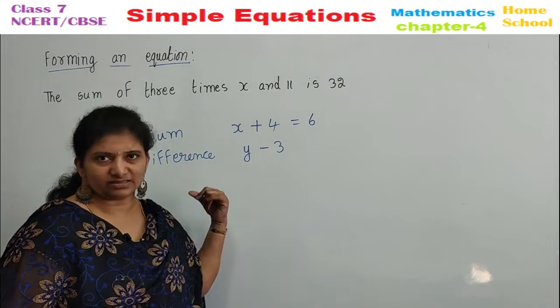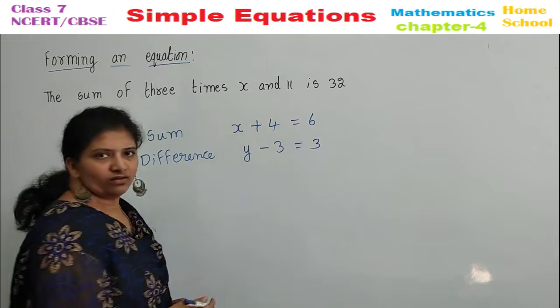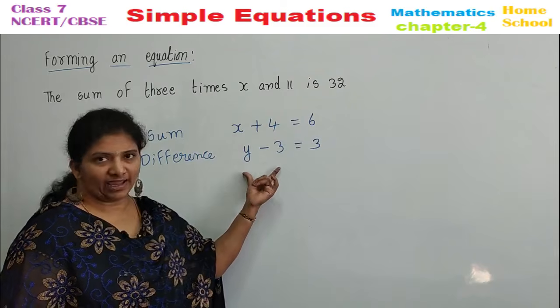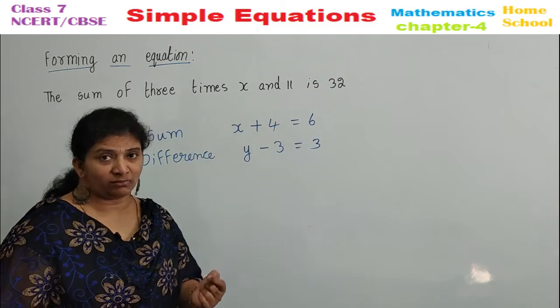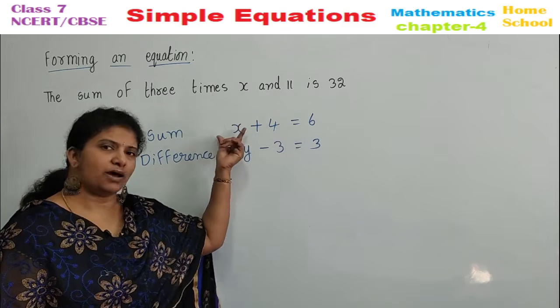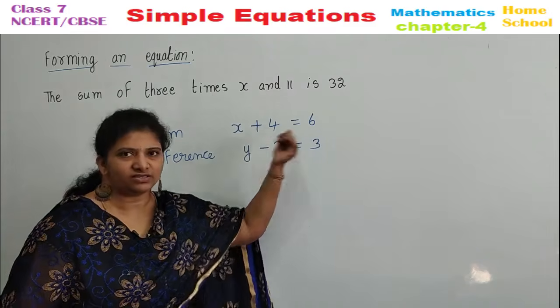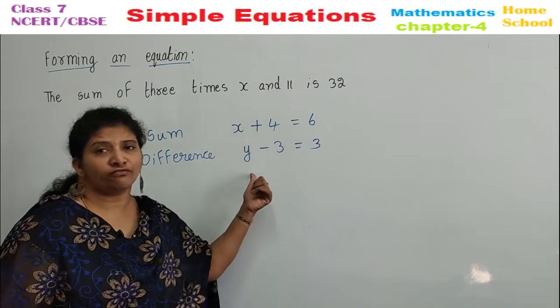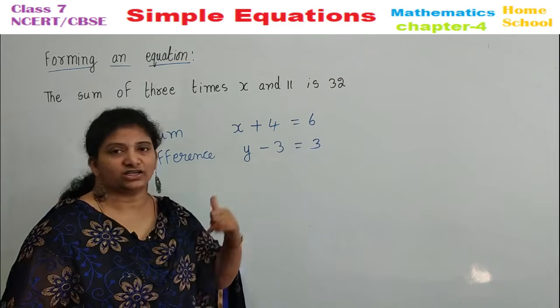Y minus 3 is equal to 3. Difference of y and 3 is 3. Understand how we are framing? Sum of x and 4 is 6. Sum of means put plus symbol. X plus 4 is equal to 6. Difference of y and 3 is 3 means y minus 3 equal to 3.